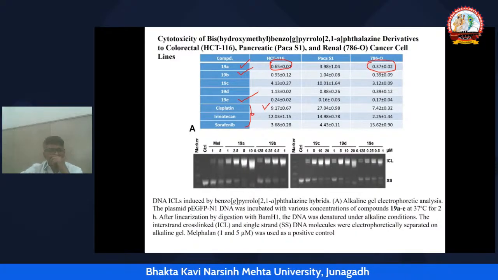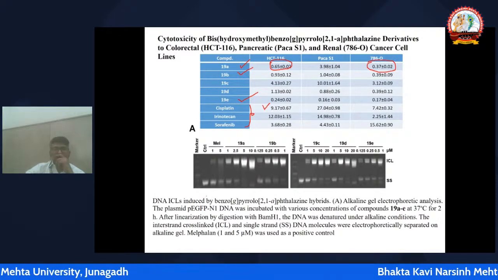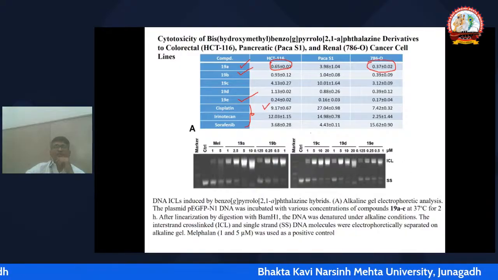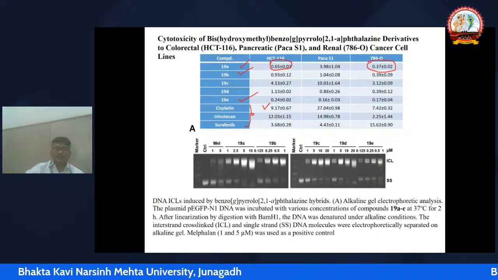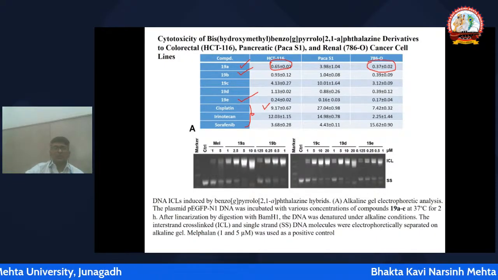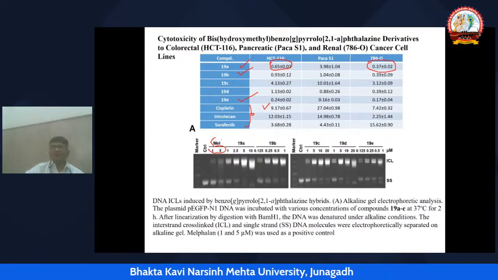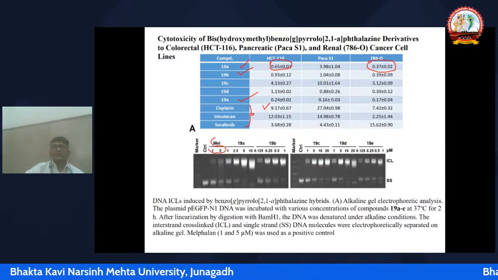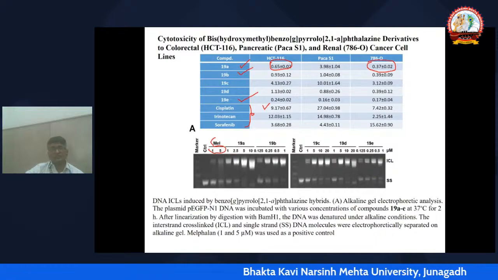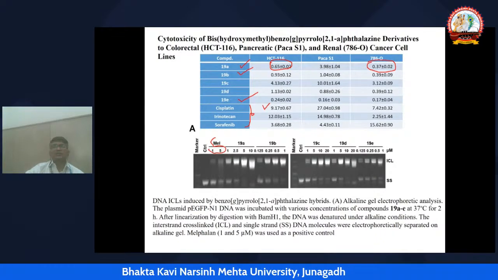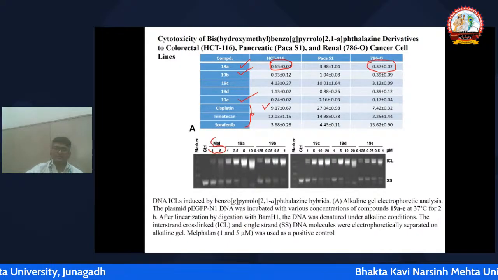We have checked these molecules through the DNA interstrand cross-linking study using electrophoretic methods. Similar to the earlier study, here we have taken 1 micromolar and 5 micromolar concentrations of the drug melphalan as a reference standard, and we have checked all these 5 compounds, 19A to E, at 37 degrees with incubation at various concentrations for the DNA binding study.